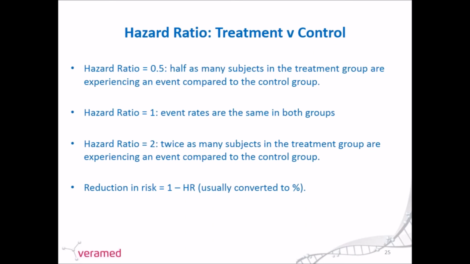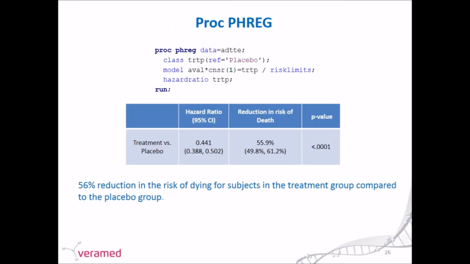We also look at what's known as the reduction in risk, and this is calculated simply 1 minus the hazard ratio. And normally this is displayed in a percentage. So if we look at this now in SAS with proc phreg, and we're going to perform this on the same example as before.